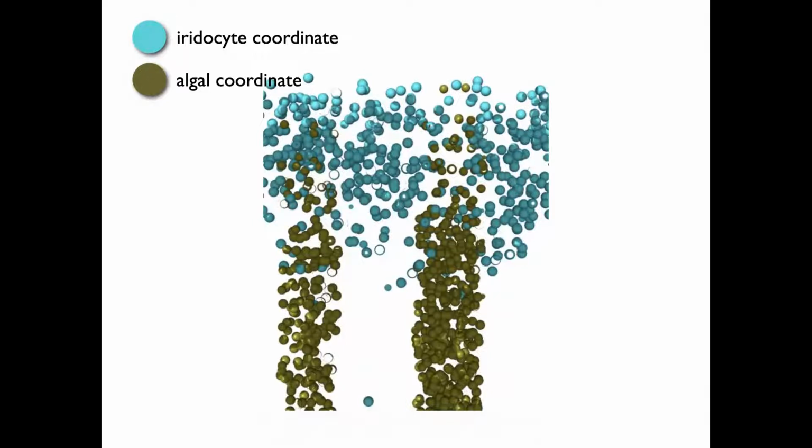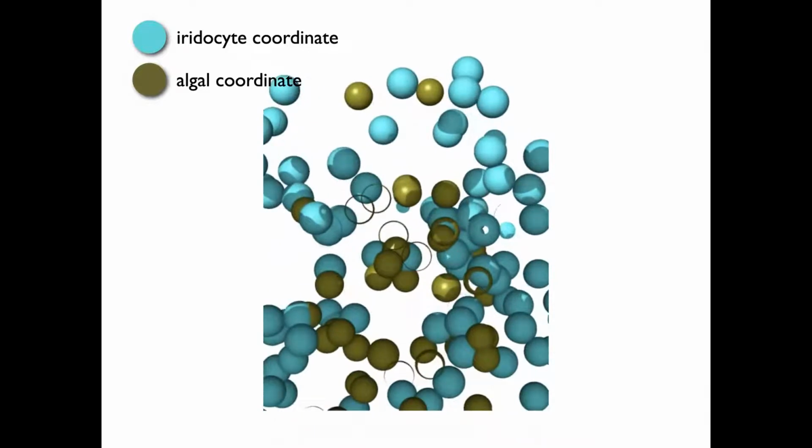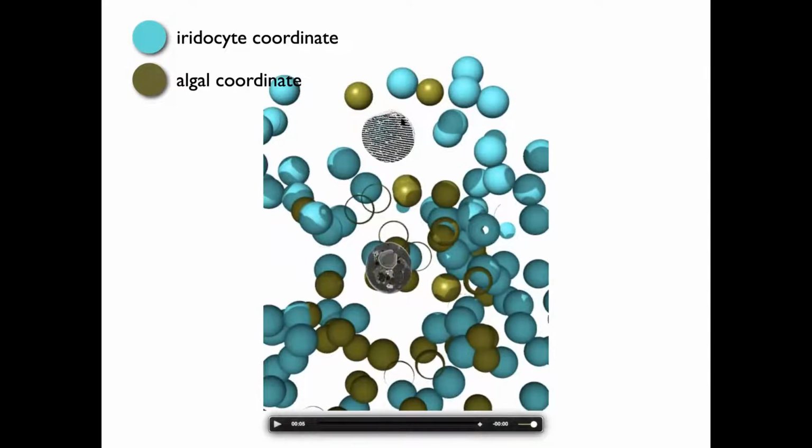The algae have been templated by the clam into these vertical micropillars. There are iridocytes, which are the blue components here, over the top.